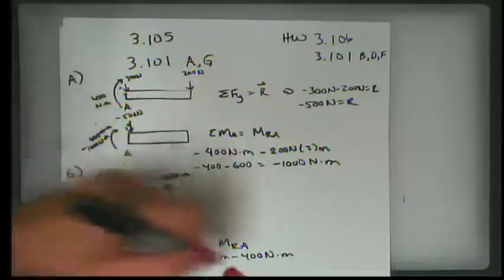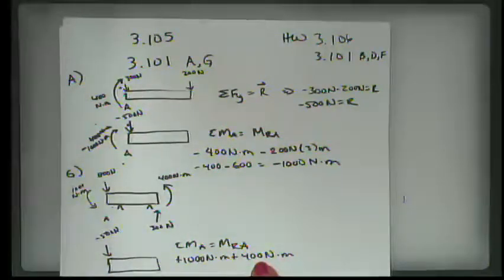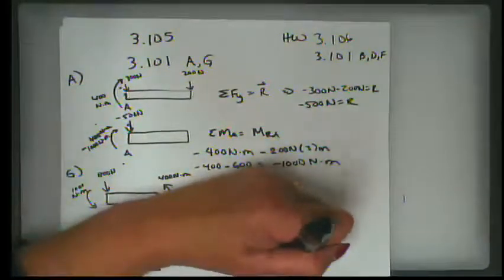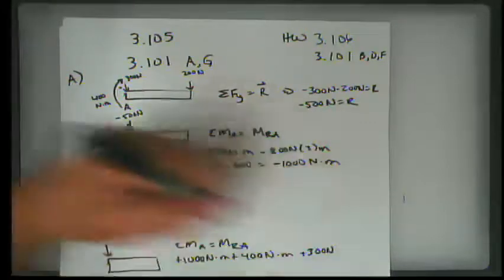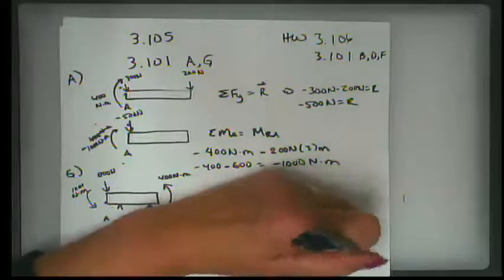We have a 400 Newton meter positive counterclockwise moment. And then this force, this 300, is also producing a counterclockwise moment about point A. The distance here is 3 meters.